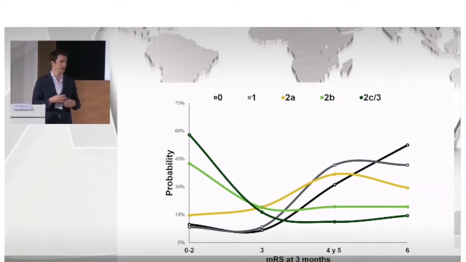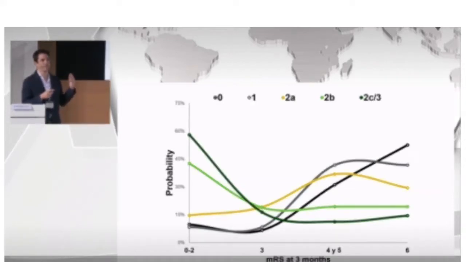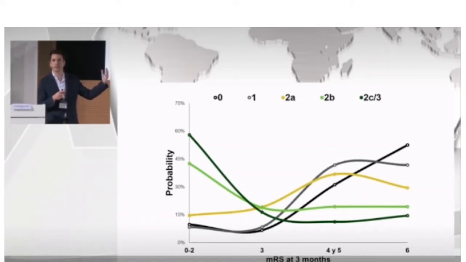So with this graphic, I try to describe what will happen with each TICI. The first column is the ranking 0 to 2, then ranking 3, which is a little bit special because it's not as bad as the 4 or 5, or of course the 6. But I think what we need to do is improve the first column. We can pay the price of increasing a little bit the ranking 3. Maybe increasing ranking 6 is not that bad, but we all agree that our biggest problem here is ranking 4 and 5.